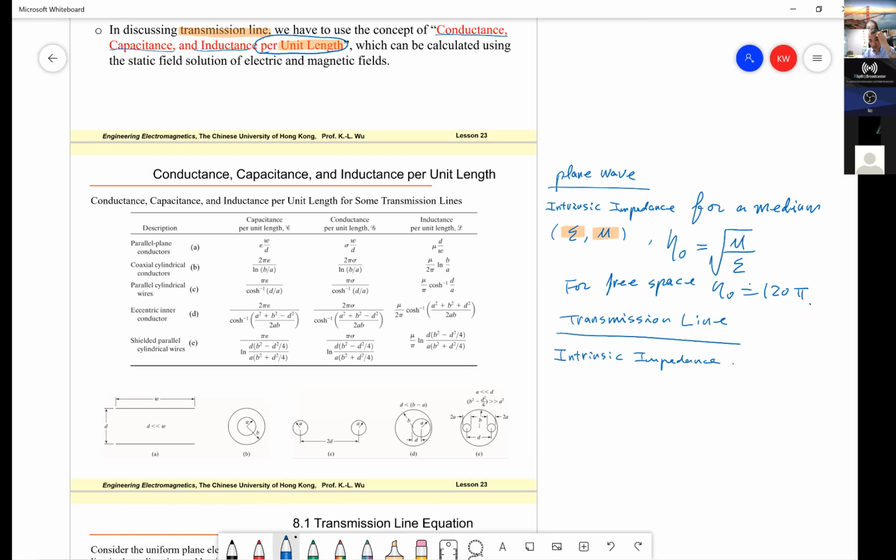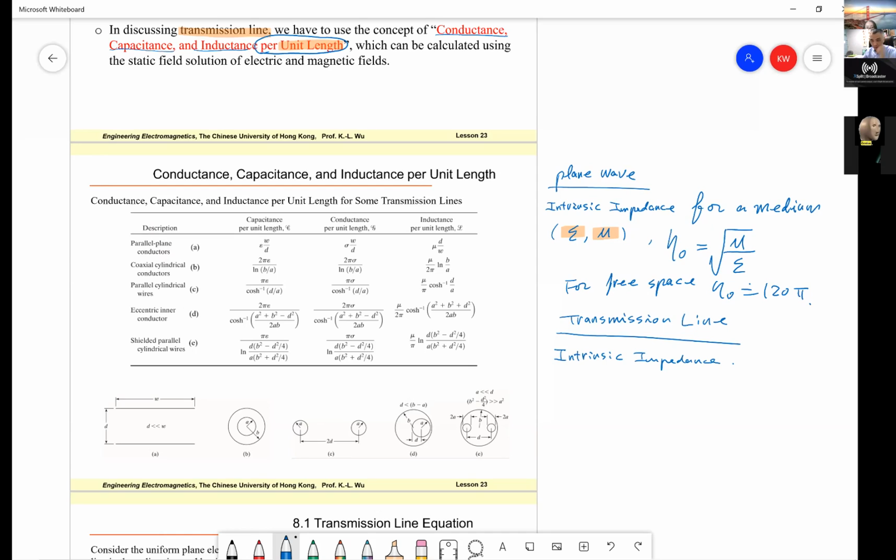That intrinsic impedance is only determined by the geometry of the transmission line.